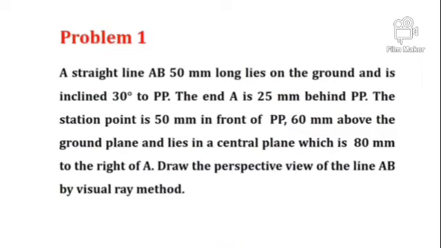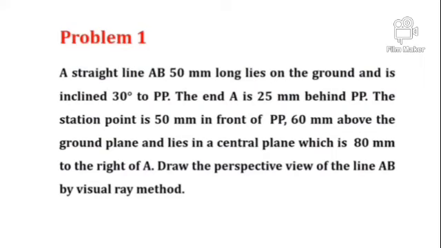A straight line, capital AB, 50 mm long, lies on the ground and is inclined 30 degree to PP, picture plane. The end A of the line AB is 25 mm behind PP.